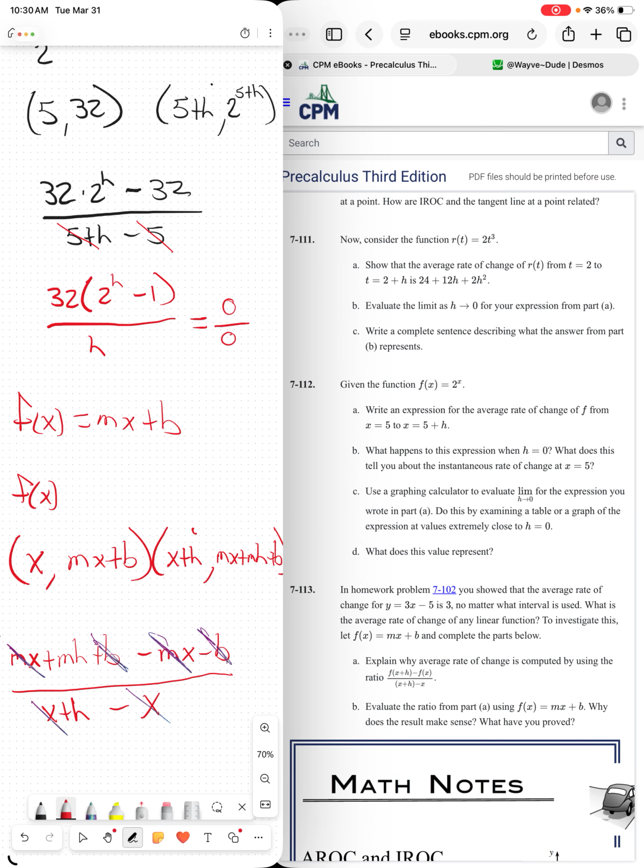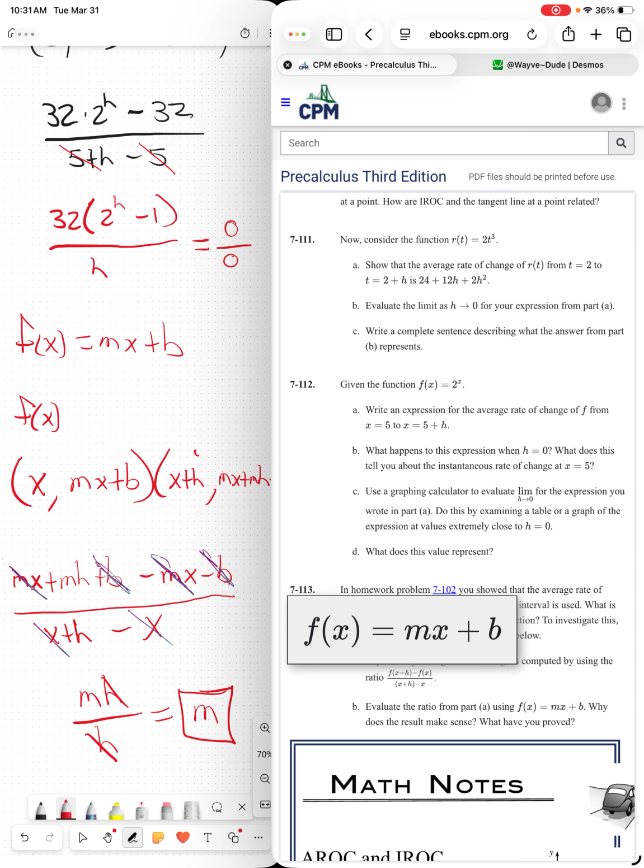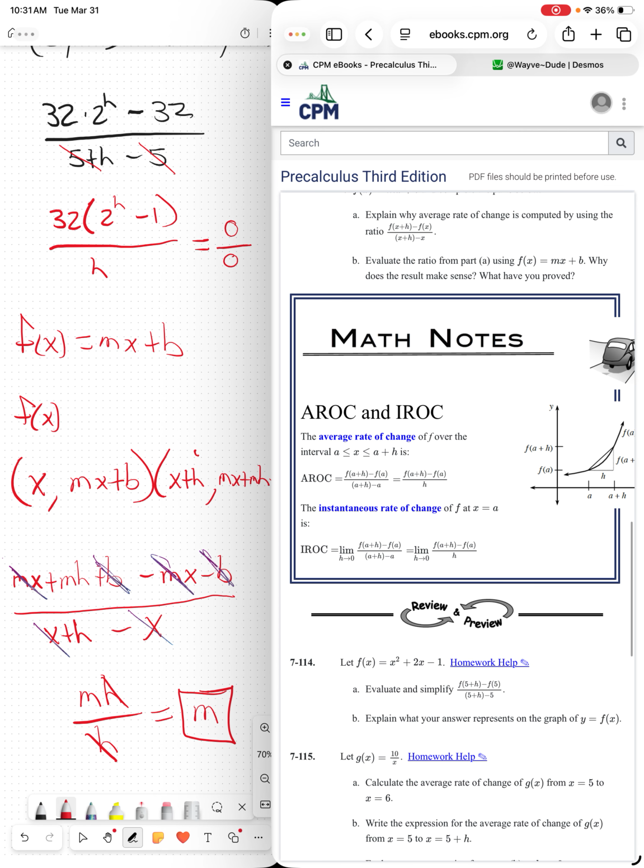So now I'm going to be left with mh over h. The h's will cancel. I'm left with m. So no matter what the linear function, if it's a linear function, my slope is my instantaneous or average rate of change. Okay, there's a math notes here explaining some average rate of change, instantaneous rate of change, and how we're moving that direction.